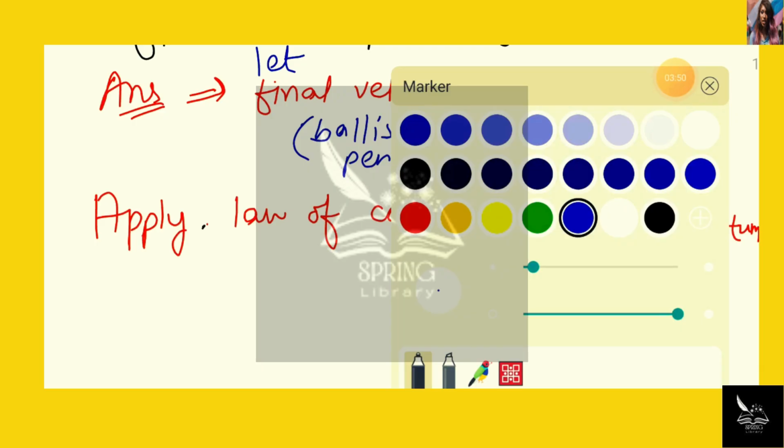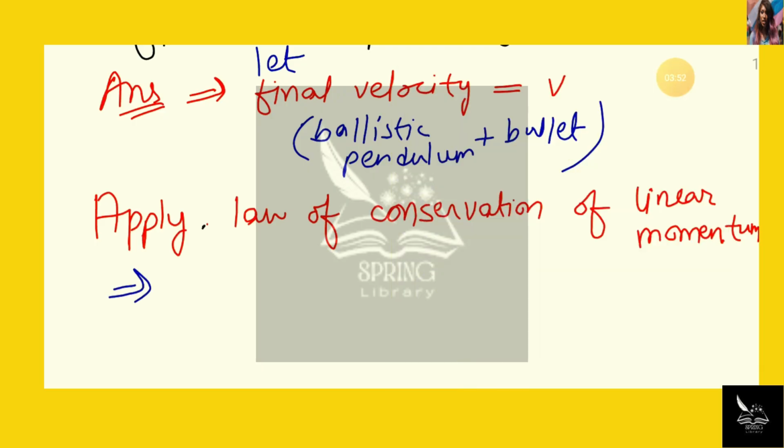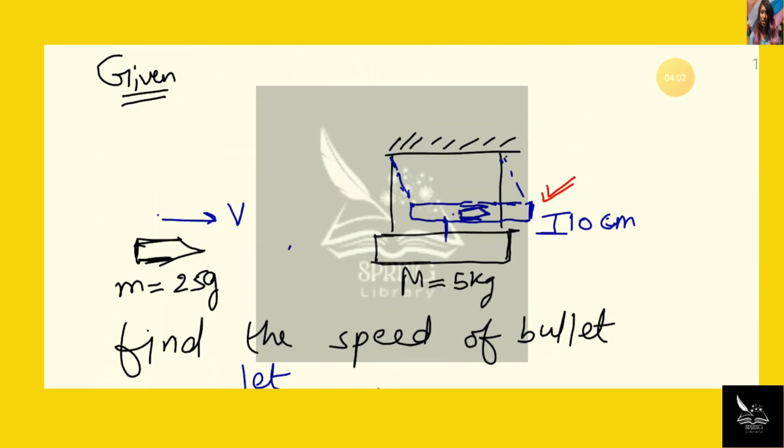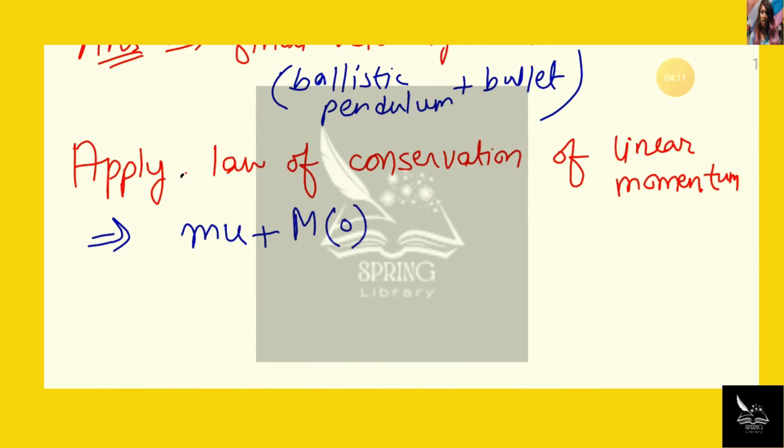On the left side I write the initial momentum, that is mu plus capital M multiplied by 0, because in the initial condition the bullet is going with speed u, and the ballistic pendulum is initially at rest, so its velocity is 0.